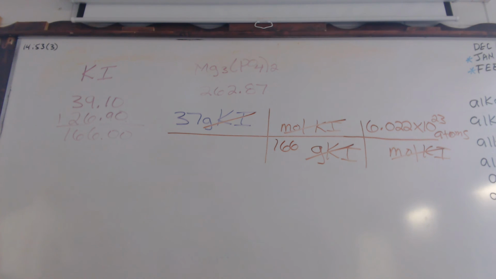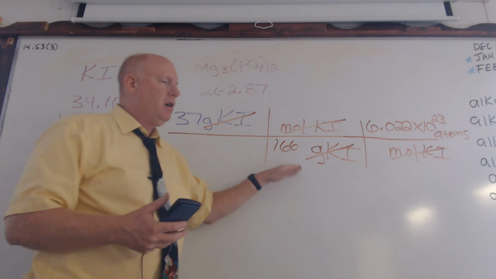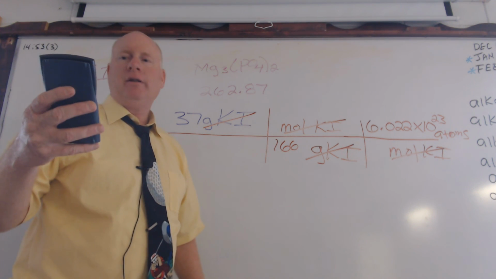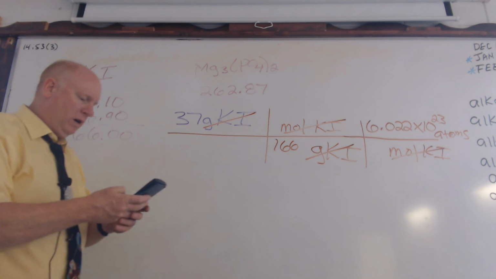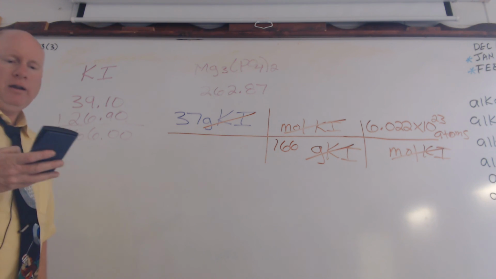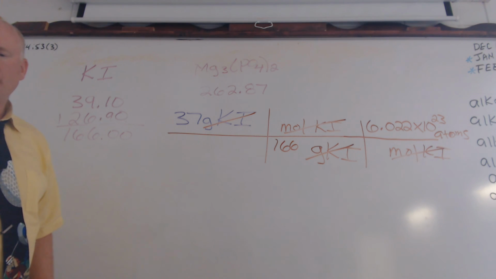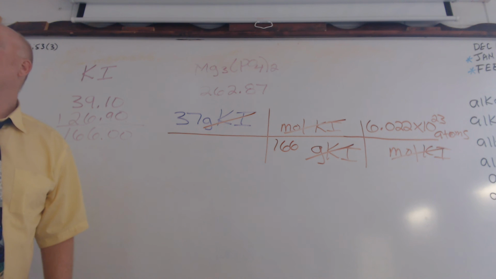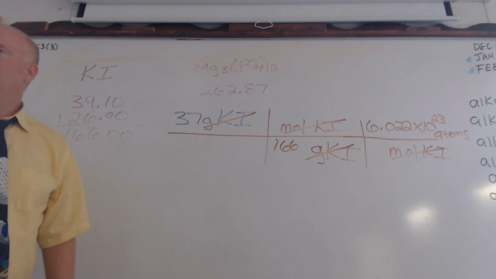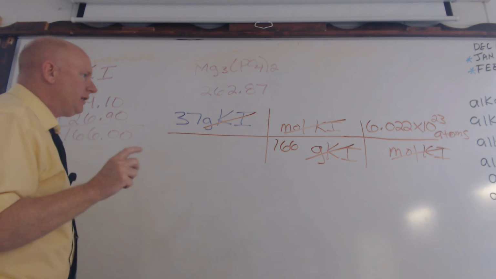Yeah, it would be 2.23 times 10 to the 25th. So we still have this 166 to deal with. So we just take this number, divide that by 166, and you get 1.34 times 10 to the 23rd. This is what scientific notation is.